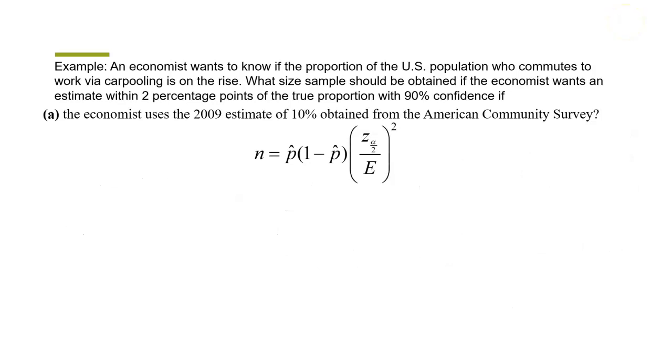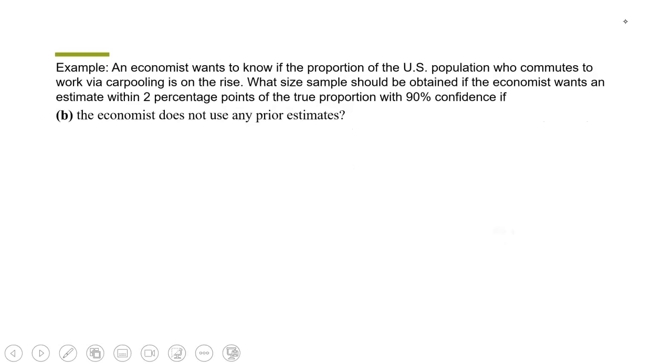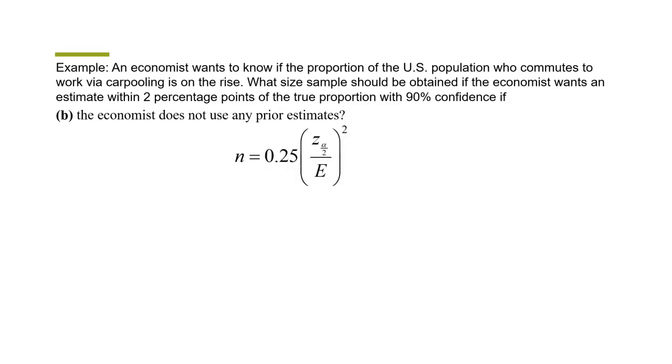Now, the next example does not use a prior estimate. The economist does not use any prior estimates, so in this case you use the second formula, which you use if there are no prior estimates. Our critical value and margin of error are the same because we still have the same confidence level.